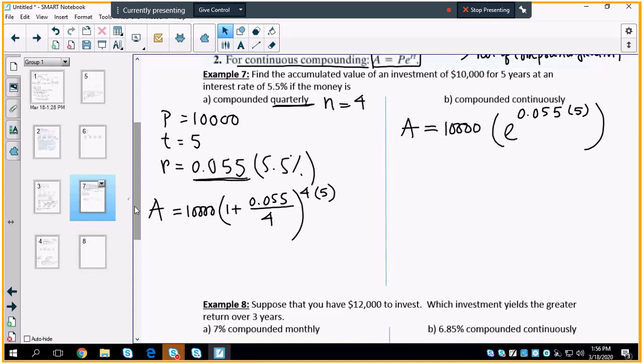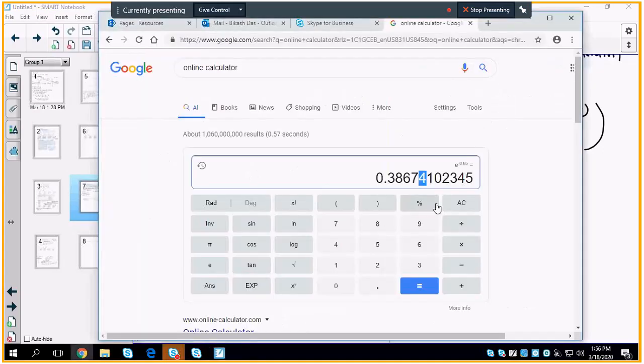Because it is a money problem, we're going to round our answers to 2 decimal places, or to the nearest cent. So for the first one, I am going to divide 0.055, that's the rate of interest, by the number of compounding periods, add 1, and I'm going to raise this number to the power 20.